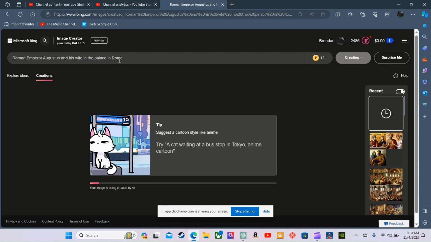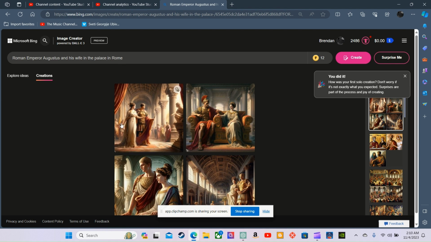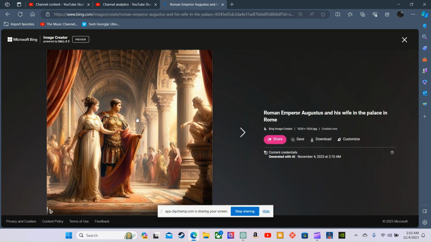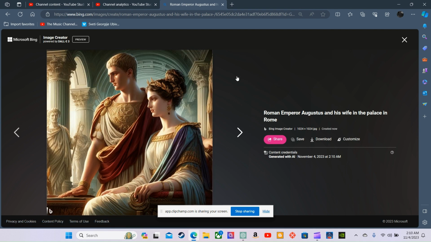So we clearly don't have images of Augustus in the flesh, but we have statues of him. Maybe the AI will give us something interesting, right? With pagan Rome, it seems like the AI is better able to understand this.